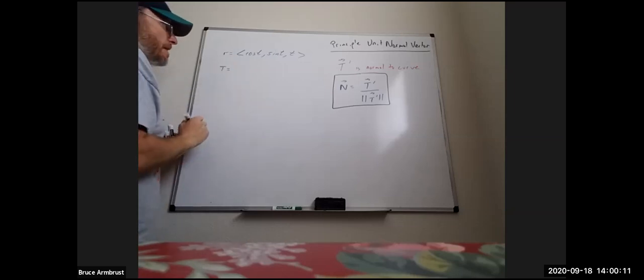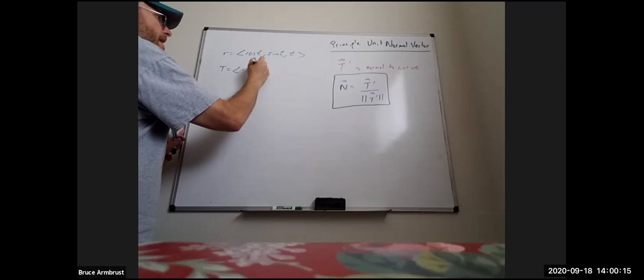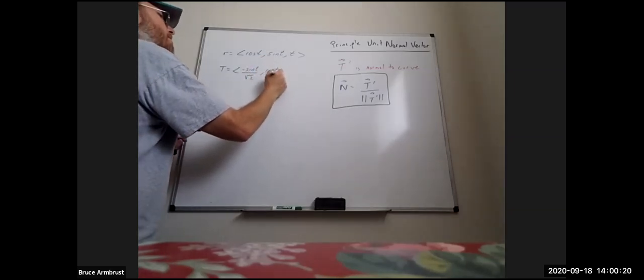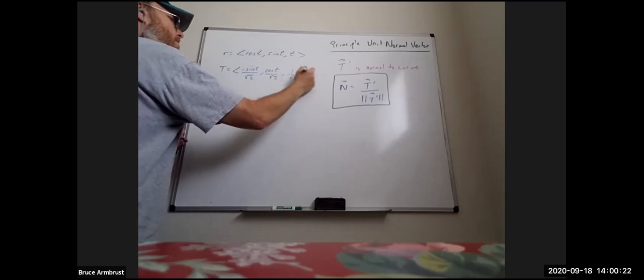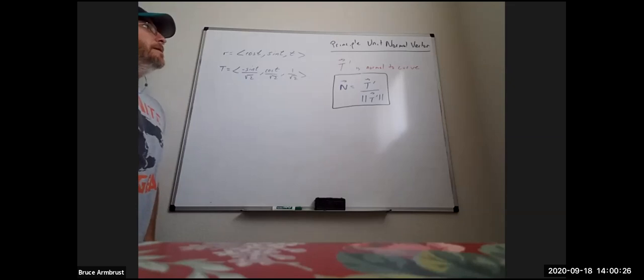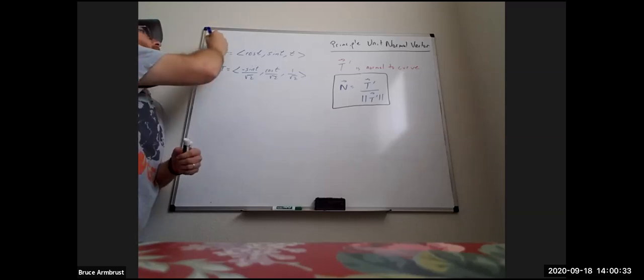We found that big T was minus sine t over root 2, cosine t over root 2, 1 over root 2. We just did that example a little bit ago, but with this helix, we saw that this was the unit tangent vector.